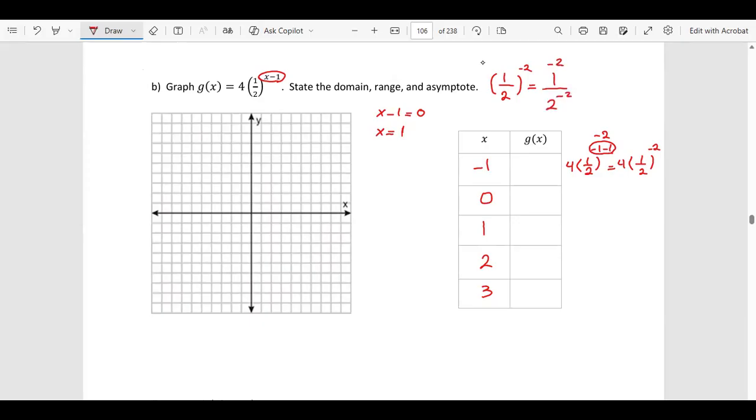And to make a power positive, you need to flip it. You have to switch from numerator to denominator or denominator to numerator. So I'm going to switch these two to make the powers positive. Now 2 to the second power is 4, 1 to the second power is 1, and so this is 4. And 4 times 4 is 16.